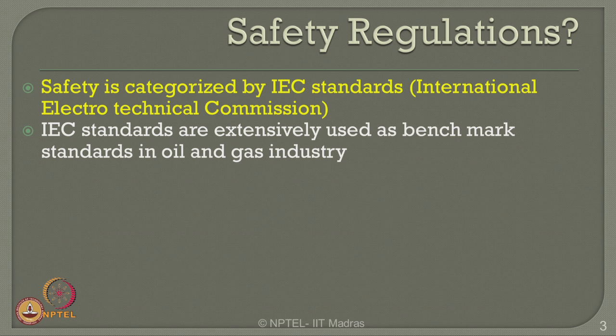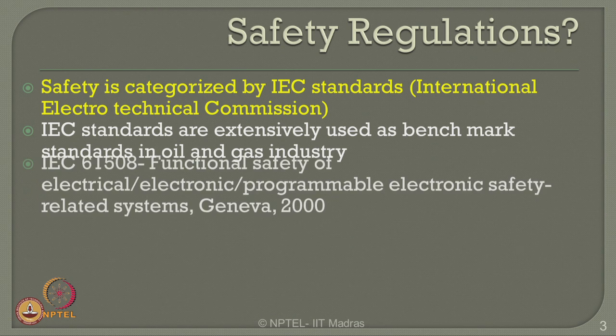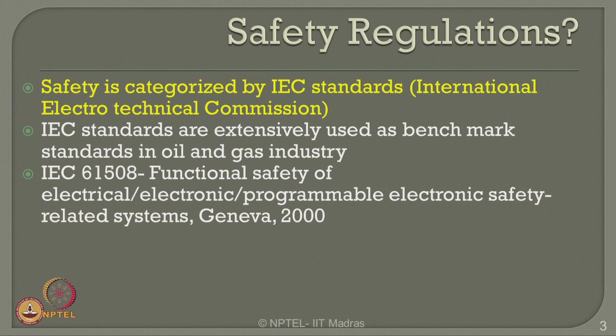IEC standards are extensively used as benchmark standards in the oil and gas industry. IEC 61508, which talks about functional safety of electrical, electronic, programmable electronic safety related systems, released in Geneva in 2000, is a very good handbook, and talks about functional safety of these process industries.